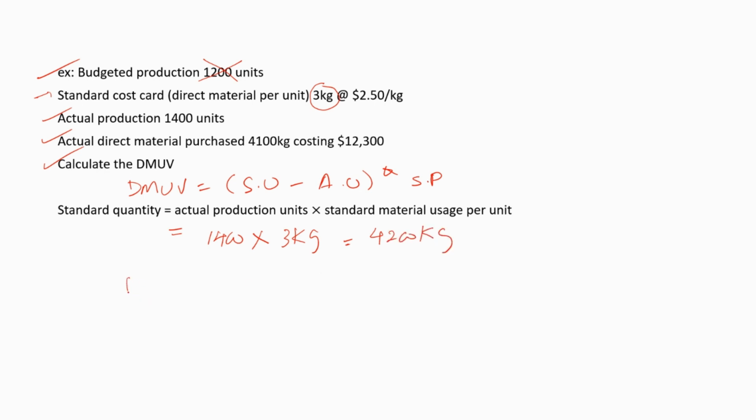Now we can calculate the direct material usage variance, which is equal to 4200 kilograms minus actual usage, which is 4100 kilograms, multiplied by the standard price, which is 2.5 per kilogram, which is equal to $250. This is a positive value, which means this is a favorable value.